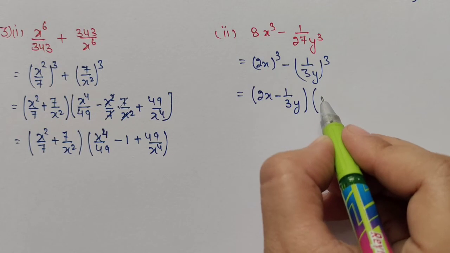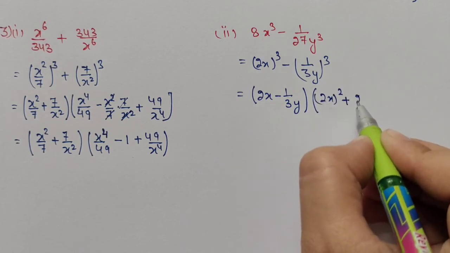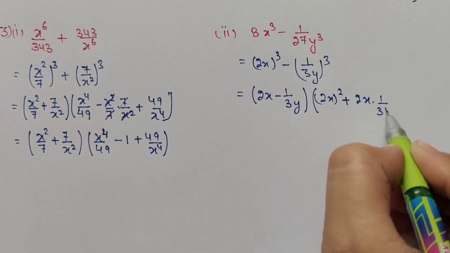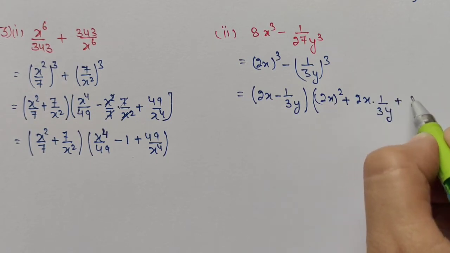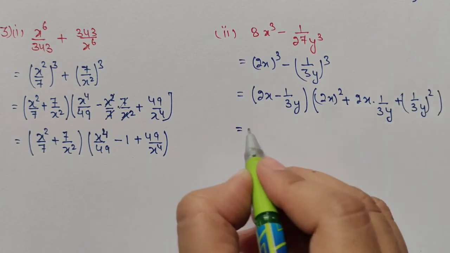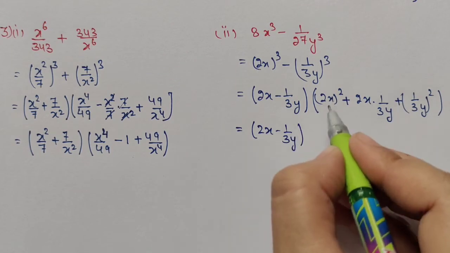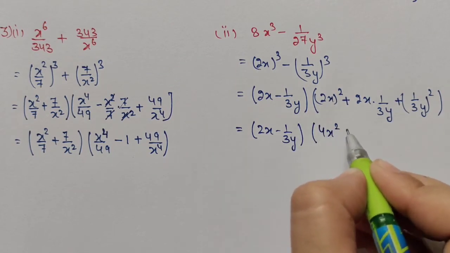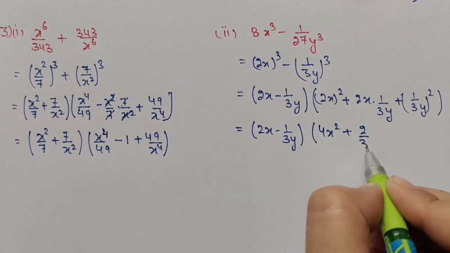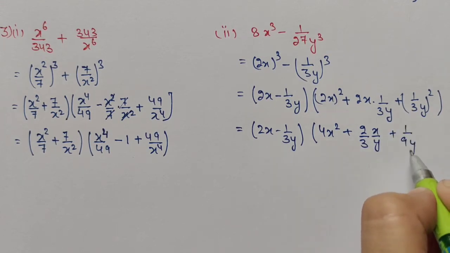Then a square means (2x) whole square, plus ab, 2x into 1 by 3y, and plus b square, (1 by 3y) whole square. A little more we can simplify. This we can write as 4x square, this 2 by 3 x by y, and this is 1 by 9y square.